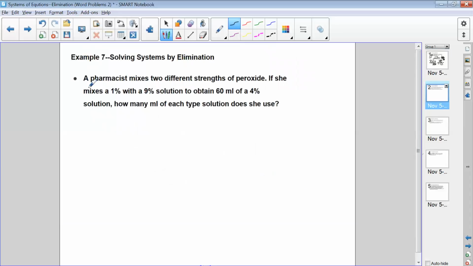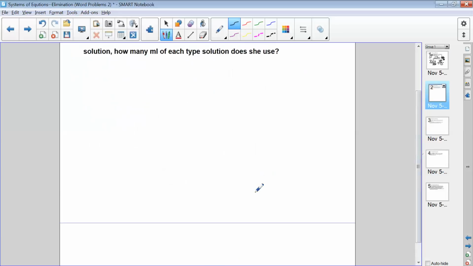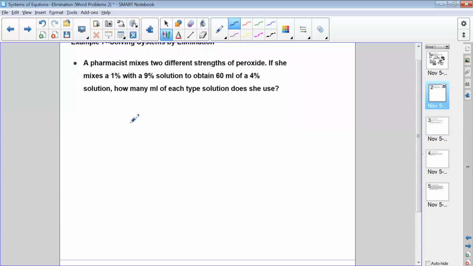Second problem. A pharmacist mixes two different solutions of peroxide. She mixes a 1% and a 9%. So we're going to call X the 1%, and Y is going to be the 9%. We also have 60 milliliters.